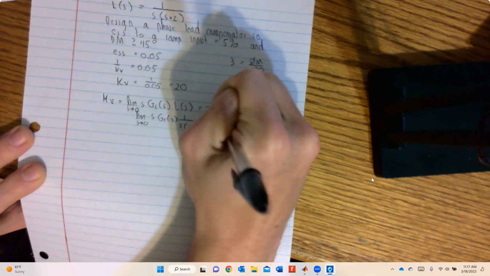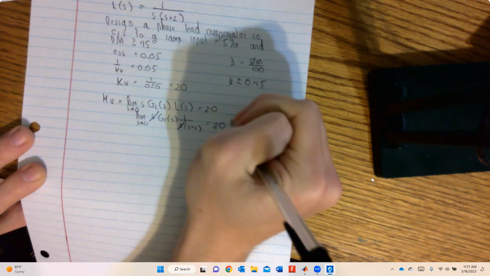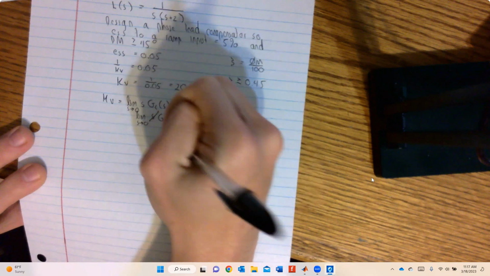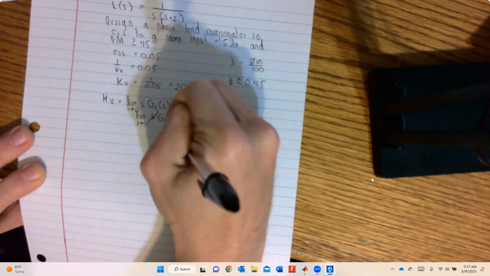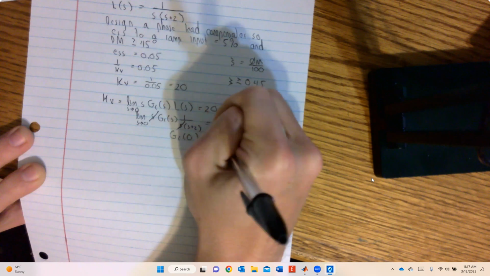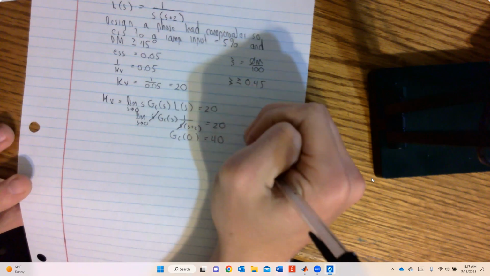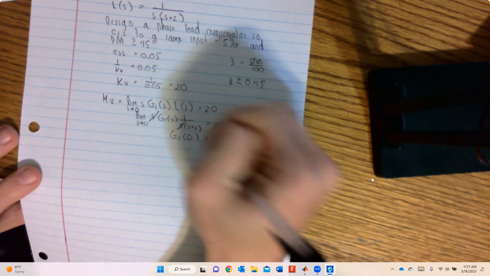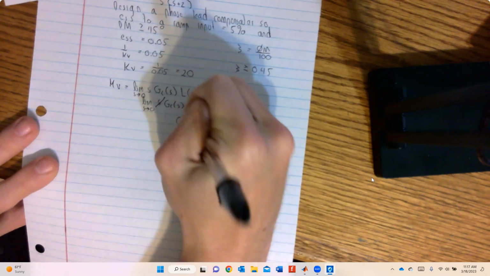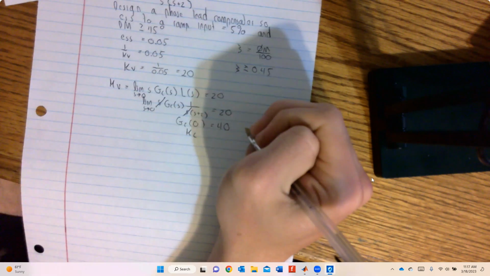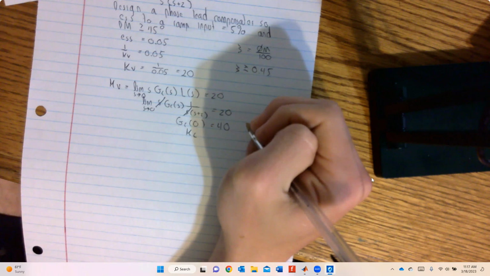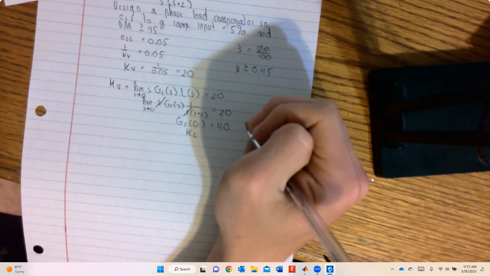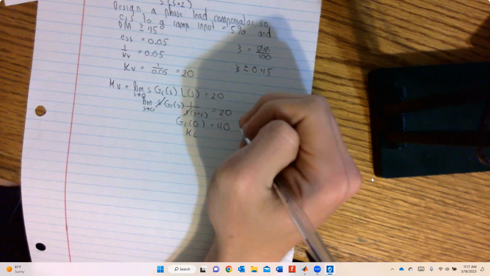Here the S's cancel, and it's GC of 0 all over 2, so GC of 0 is going to equal 40. And remember, GC of 0 means you just have your KC, because the other terms would be S plus 1.